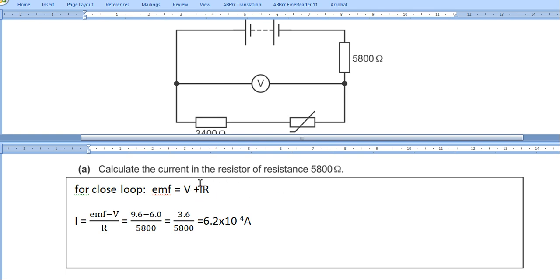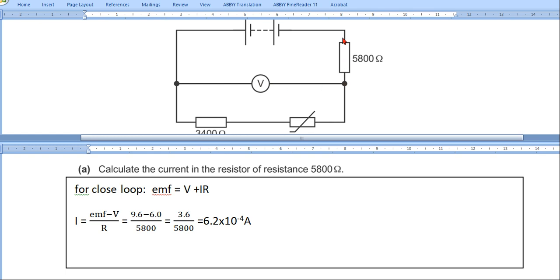So we know voltage. We take closed loop, for example this loop, and here we have EMF 9.6 volt and voltage is 6 volt.